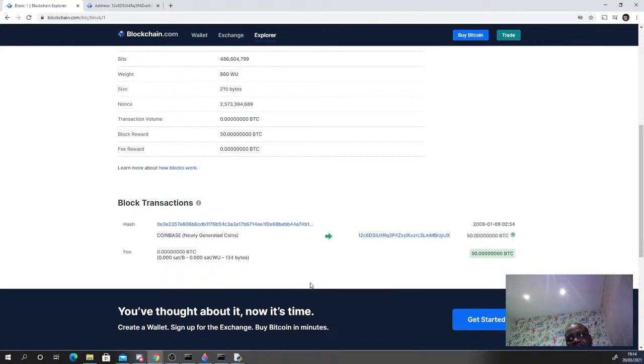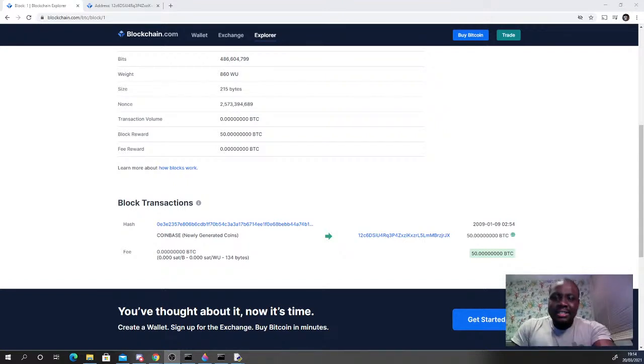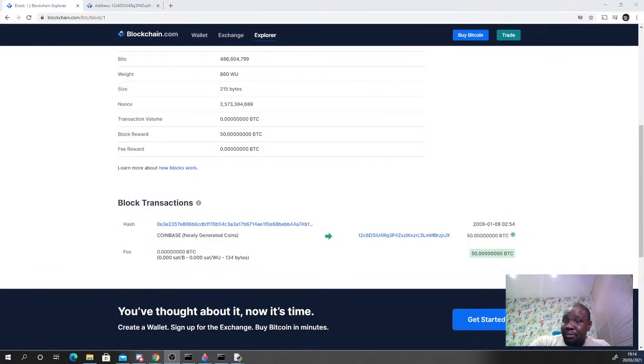So that is not really hard, right? It's really not hard to do. But since the difficulty is increasing, it becomes very hard to use a normal computer to compute the value, because if you try, it's going to take you the whole year.